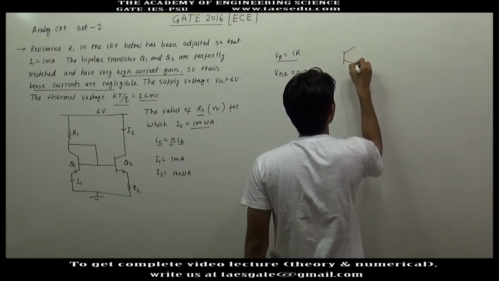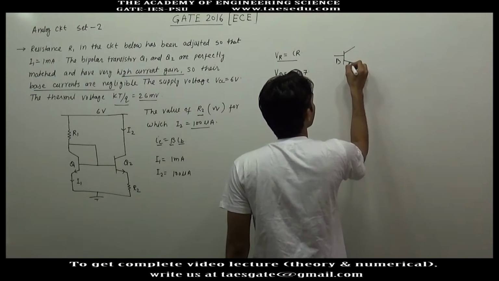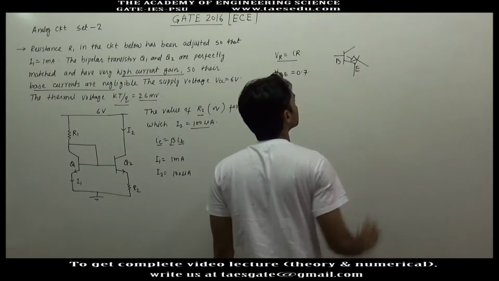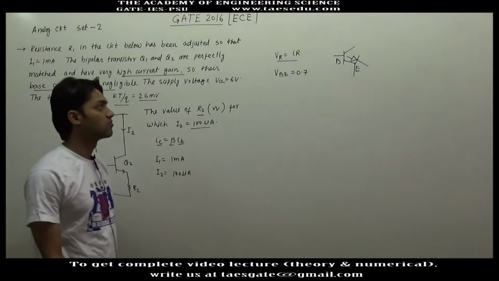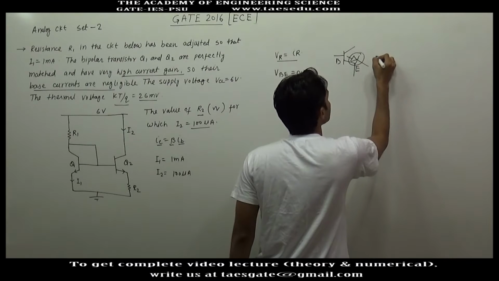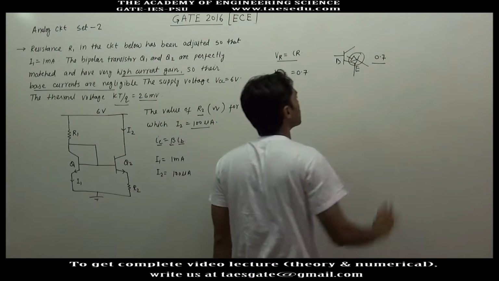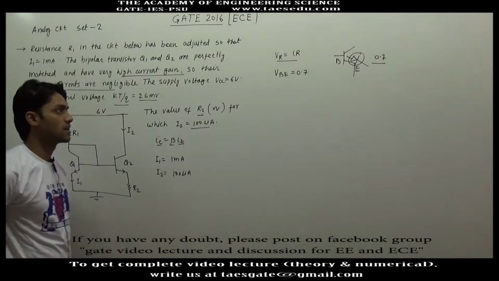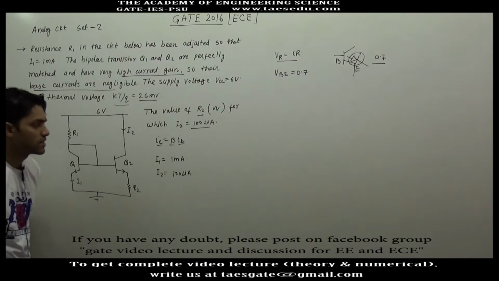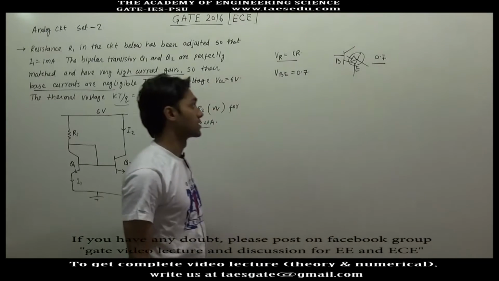In an NPN transistor, this is B, this is E, and we assume this junction is forward biased. If it is not in cutoff mode, this diode is in forward bias, so the voltage across it will be 0.7 volt in DC analysis when the current is in the milliampere range, or relatively large.